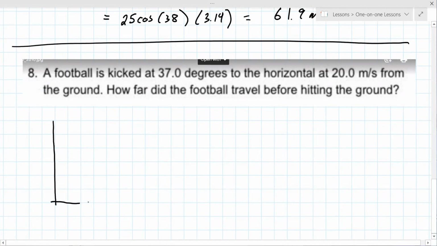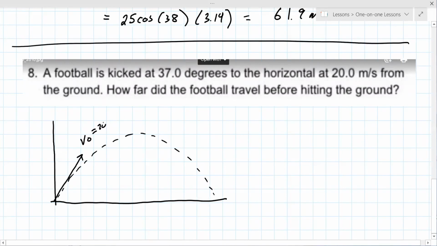Again, this is your axis. The football goes up, comes down. It has an initial velocity of 20 meters per second. The angle is 37 degrees, and it hits the ground sometime later. We don't know where. So there's the distance. A reasonable question you could be asked is what is the distance?